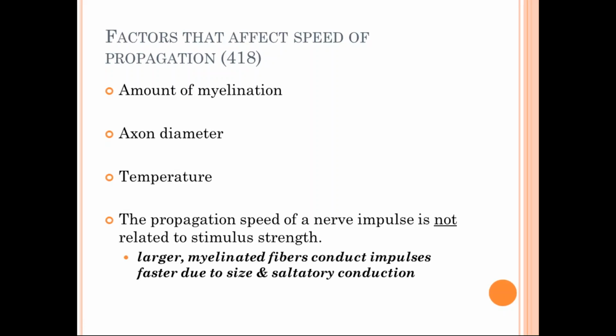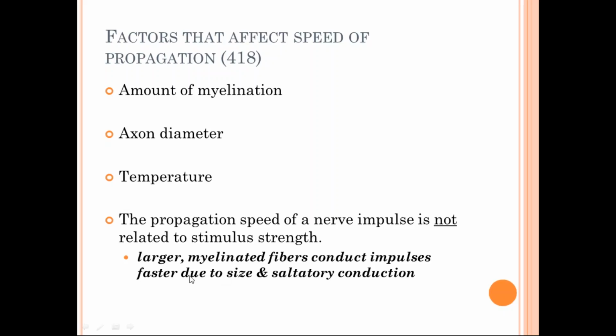Yay. Okay, but here's the important part about the things that affect the speed. It's not related to the stimulus. So in other words, an action potential is an action potential. It's all or nothing. It doesn't mean you're going to feel anything more or less. You're either feeling it or you're not.